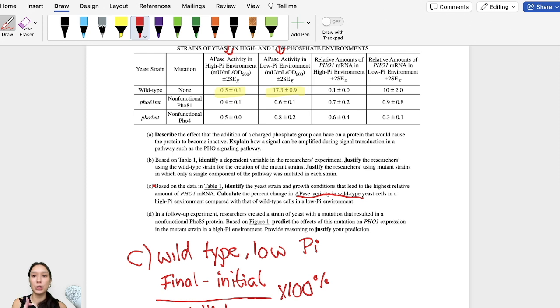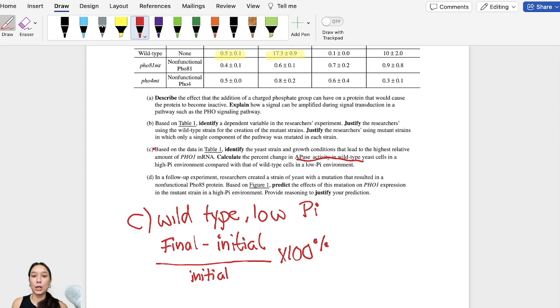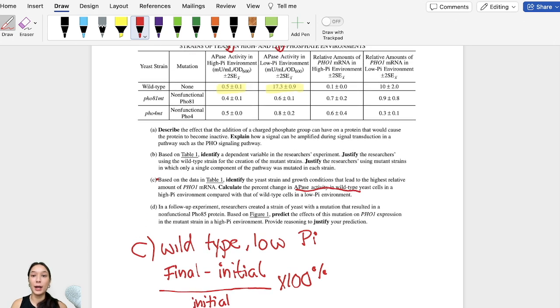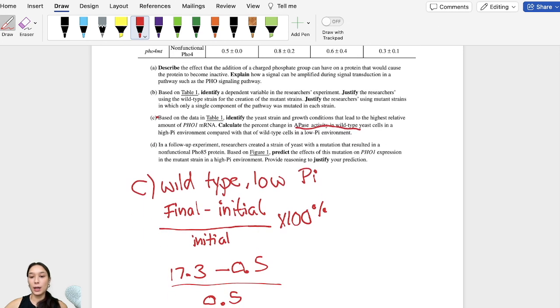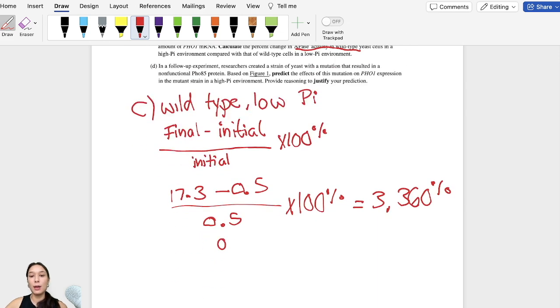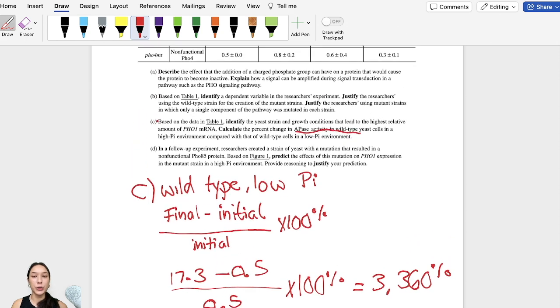So they actually accepted two answers. For this, you could do 17.3 minus 0.5 over 0.5. So that's saying that the final is 17.3 and the initial is 0.5. And you do times 100%, which I believe should give you 3,360%. Or they also accepted this answer as well, because it's not really a final versus initial.